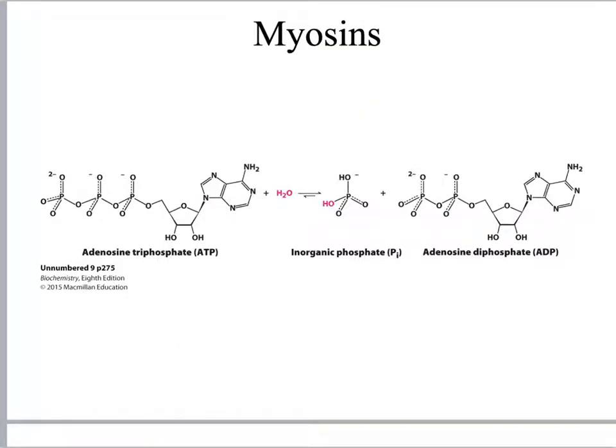And then that other class of enzymes we said we were going to look at were myosins. And myosins are enzymes which catalyze hydrolysis of adenosine triphosphates, ATP, to form ADP and inorganic phosphate. They also use the energy that's associated with this process, which is thermodynamically favorable, to drive the motion of molecules within cells.